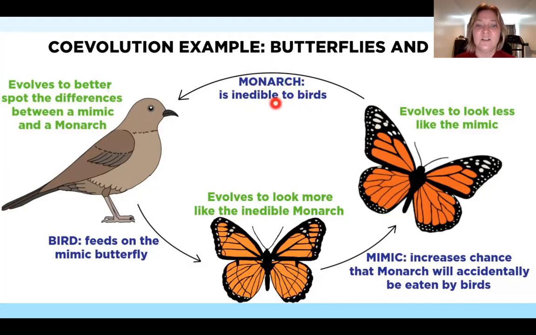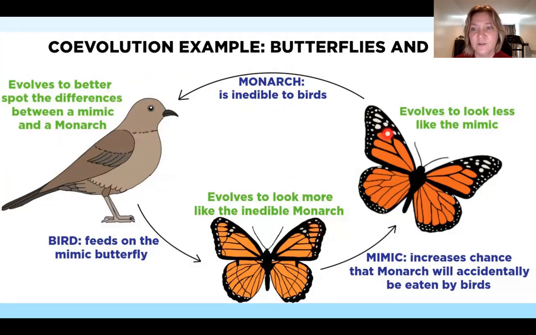And so as an adult, the monarch tastes very bitter. So the bird then evolves to better spot the differences between a mimic and a monarch. A mimic is a different kind of butterfly. In this example, there's a butterfly called the viceroy, and the viceroy butterfly looks very, very similar.